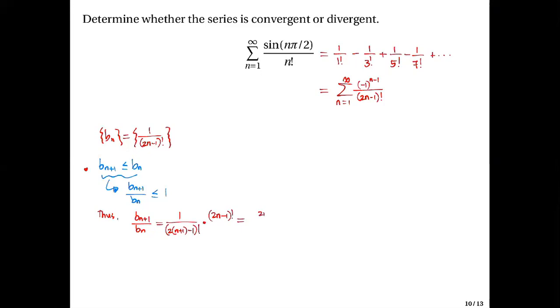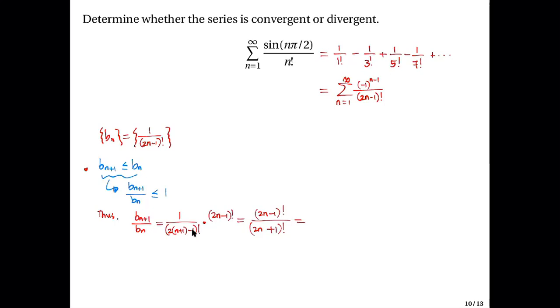In the numerator, you have 2n minus 1 factorial. So denominator, you have 2n plus 2 minus 1. Okay? 2 times 1, that's 2, and then minus 1. So magiging siyang 2n plus 1 factorial. Okay?